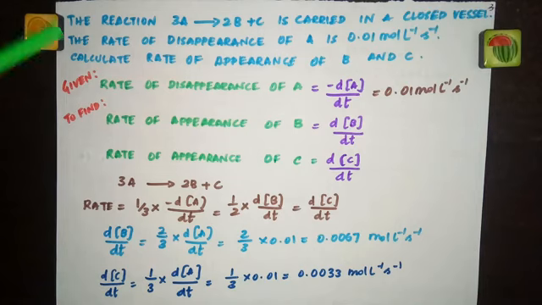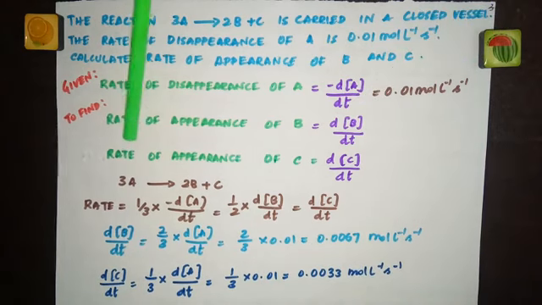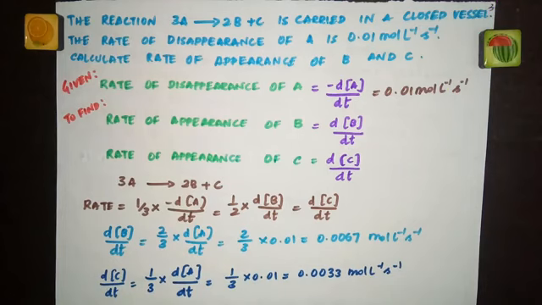Now the question is, calculate the rate of appearance of B and C. So what you're supposed to find? Rate of appearance of B, which means d[B] by dt, and rate of appearance of C, so d[C] by dt. And now take that equation, 3A giving you 2B plus C. How can you write the rate of the reaction?